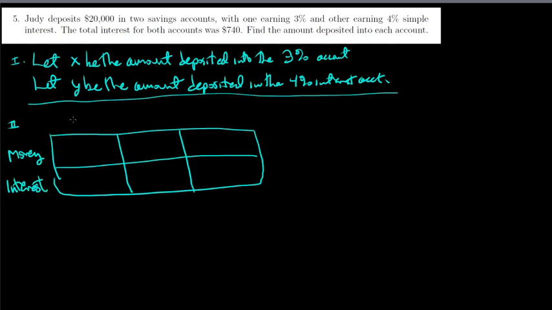So we have the 3% account, the 4% account, and then we have the total. Filling in the table here, the amount of money in the 3% account, we don't know what that is. We're calling it X. The amount of money in the 4% account, we're calling that Y. And the total amount of money, that's in the problem, that's the $20,000.